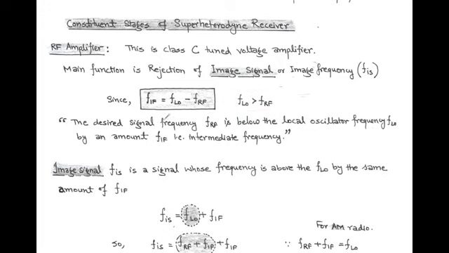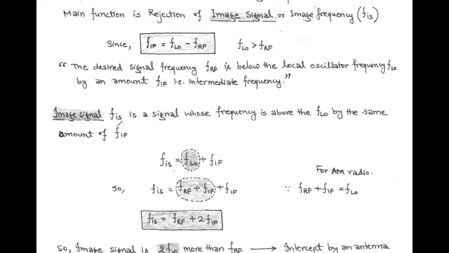Or we can say that the desired frequency, that is the radio frequency, is below the local oscillator frequency by the amount of the intermediate frequency. So the purpose of the RF amplifier in the first stage of the superheterodyne receiver is the rejection of image frequency. So what is called an image frequency? Denoted by f_si, here si is called the image signal.